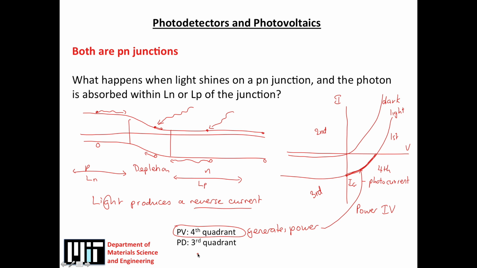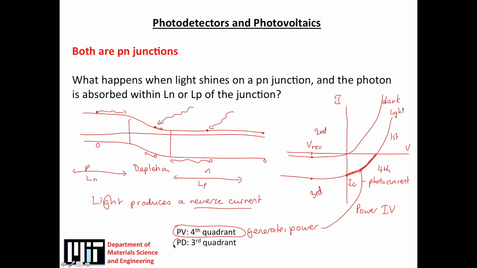If we take that same p-n junction and we sit somewhere here, for example at a reverse bias, then in the dark we'll get a small current flowing. Once we turn the light on, we'll get a large current flowing, and the change in current is what we can detect.